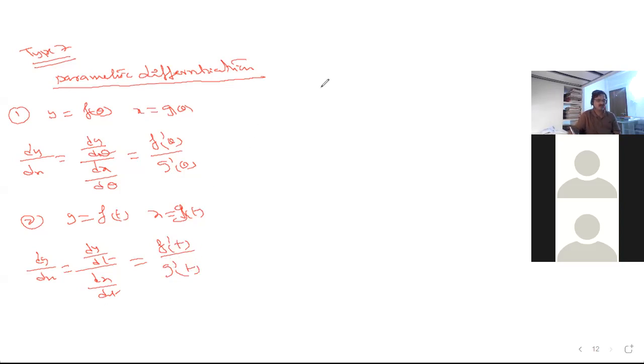इसमें एक काम करेंगे. चलो पहला example, x is equal to a cos square theta, y is equal to b sin square theta. Find dy by dx. dy by dx is nothing but dy by d theta by dx by d theta.